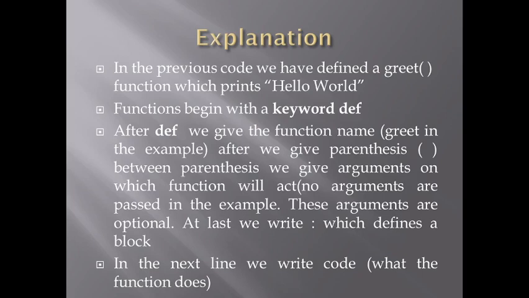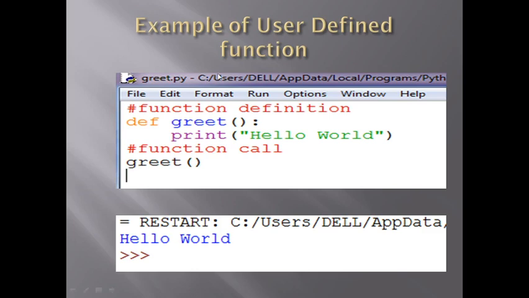At last, we write a colon. Colon means that we are going to introduce a block. This block of code will be the body of the function. After the colon, we write the code, which here is only one line, print hello world. We have to do nothing after that, so we close the function and we call the function.